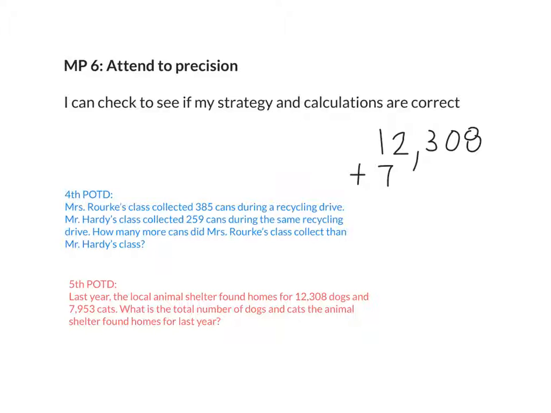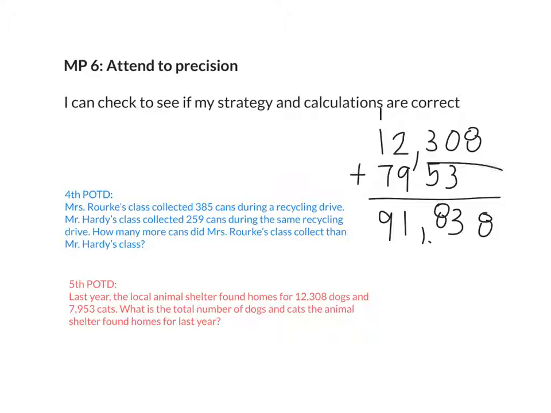Like instead of lining up the place value, we might write this. Would this be correct? No, because it's off. Do you see that? Okay. This is an example of being careless.